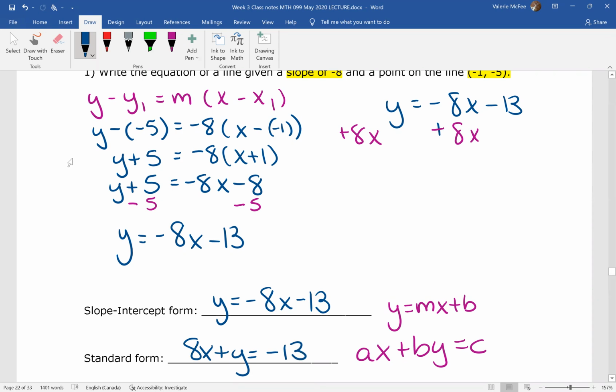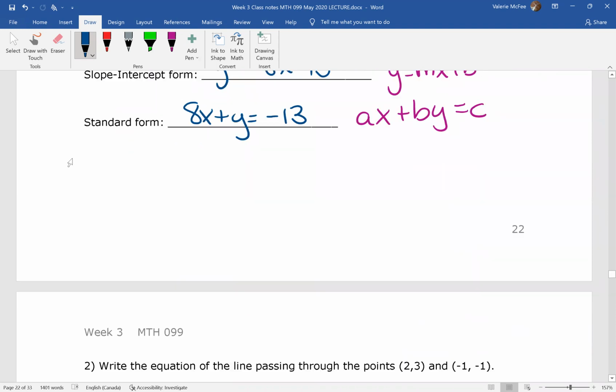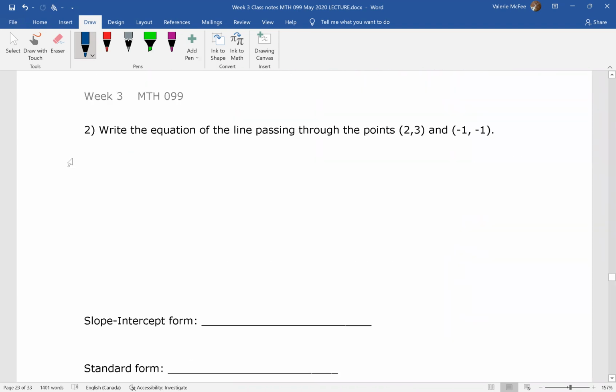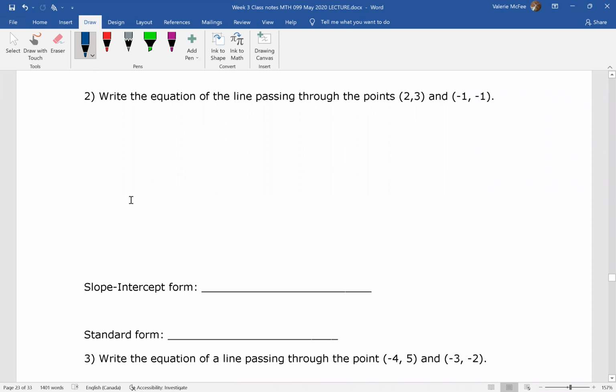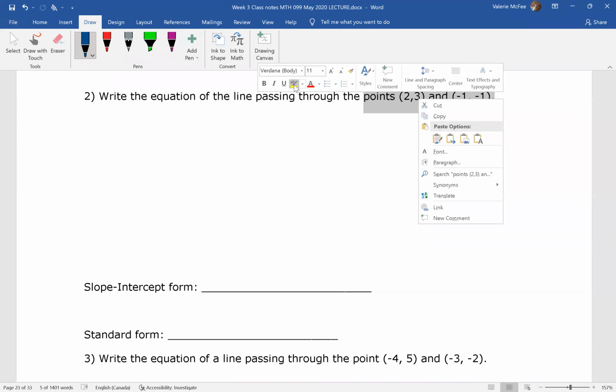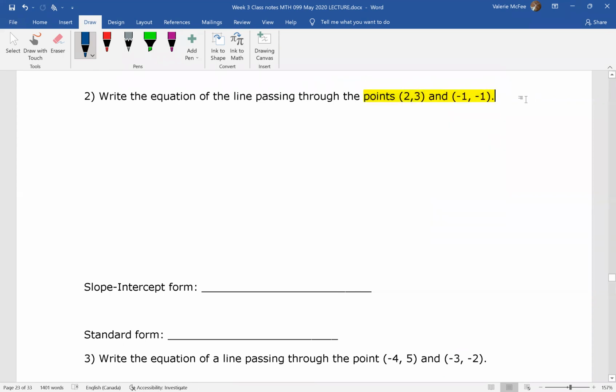Let's try another one. Write the equation of a line passing through these 2 points. Remember step 1. Step 1 is we need the slope. I haven't been given the slope, so I have to use the formula.